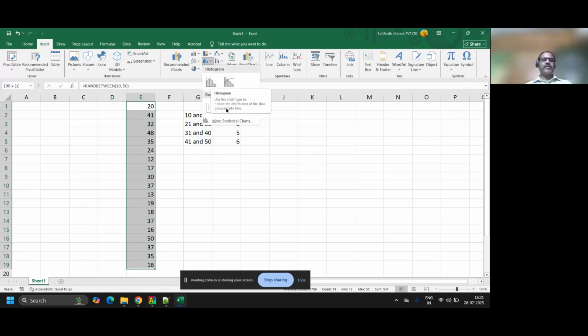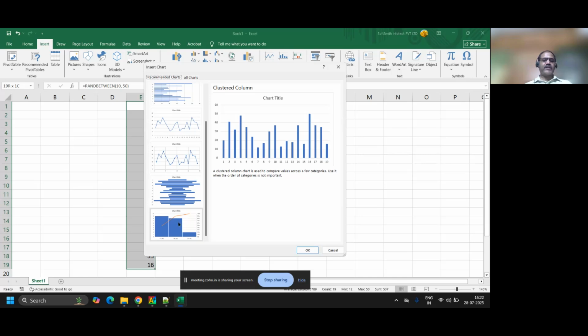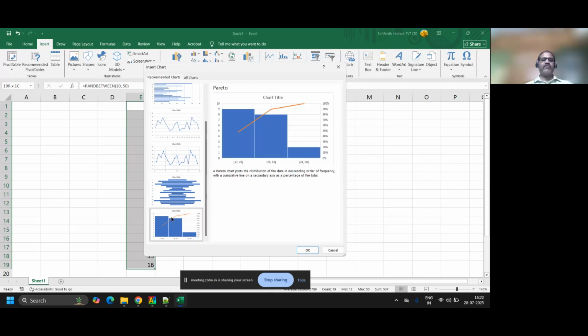Okay, more statistical charts. You can also click here. When you click here, it will tell recommended charts. What are the recommended charts? Excel itself will say, I am recommending this particular chart for you.